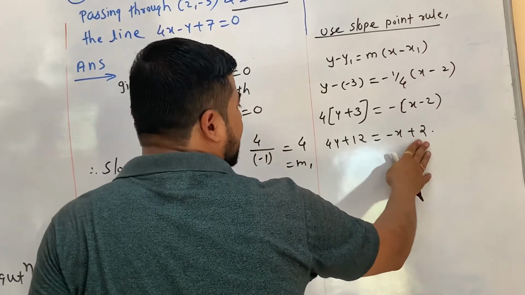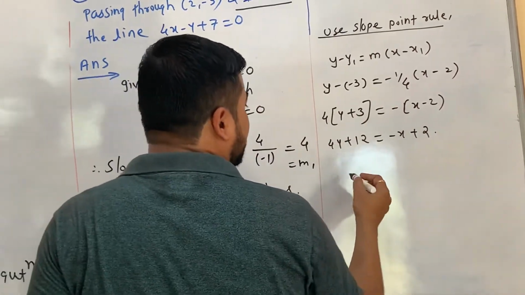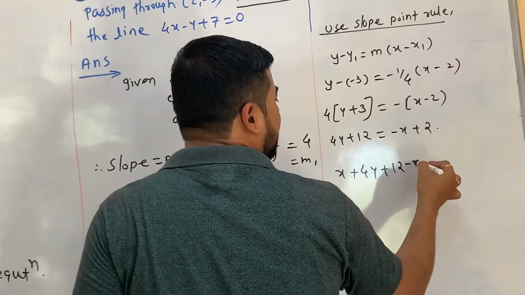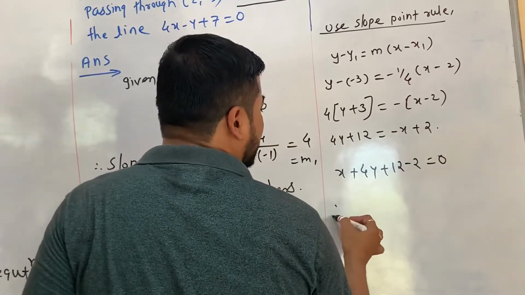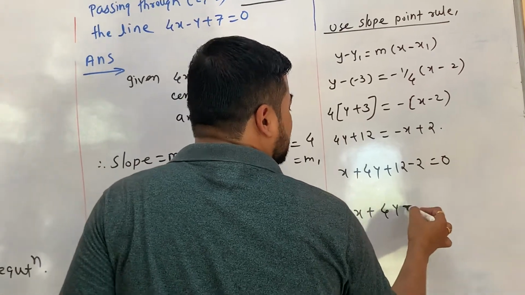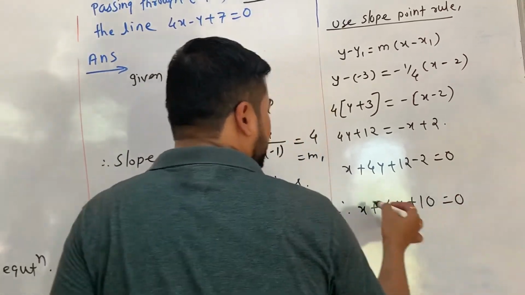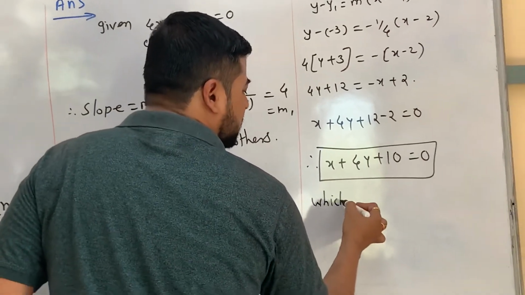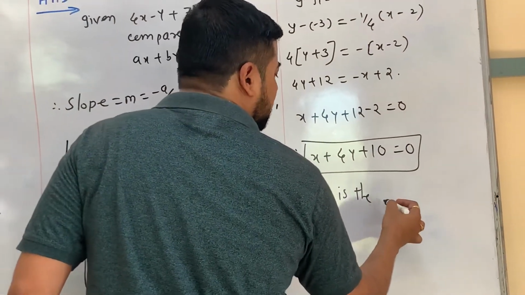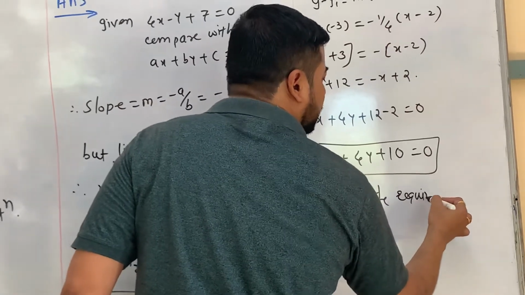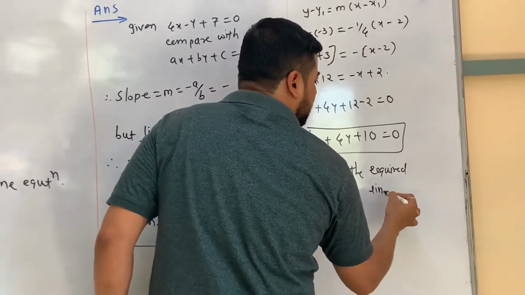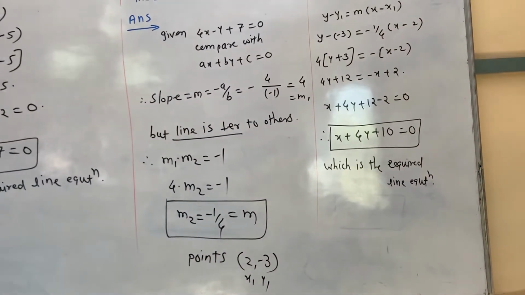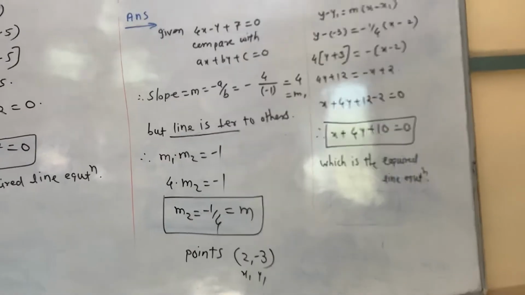All right hand side elements shift to the left side: x plus 4y plus 12 minus 2 is equal to 0. Hence the final answer is x plus 4y plus 10 is equal to 0, which is the required line equation. This is the parallel and perpendicular line.